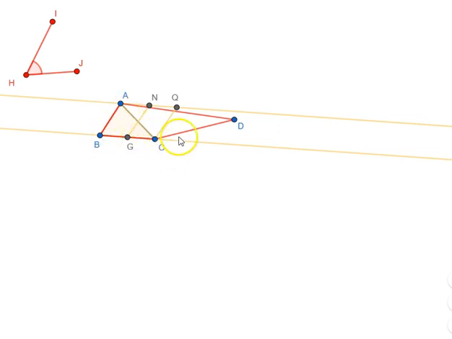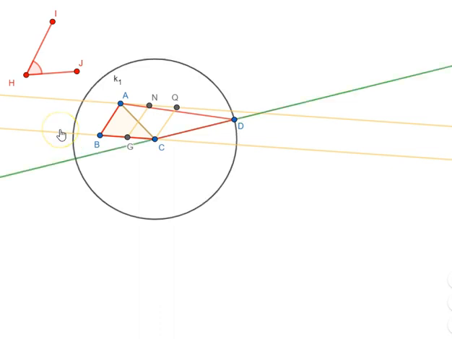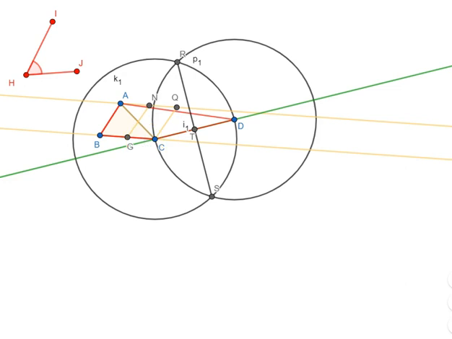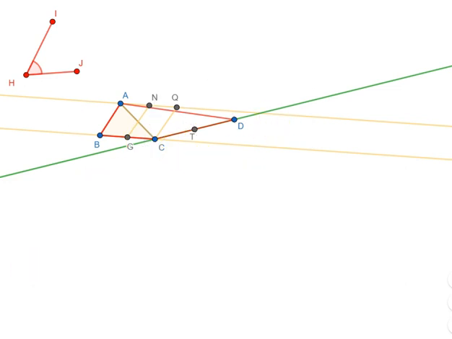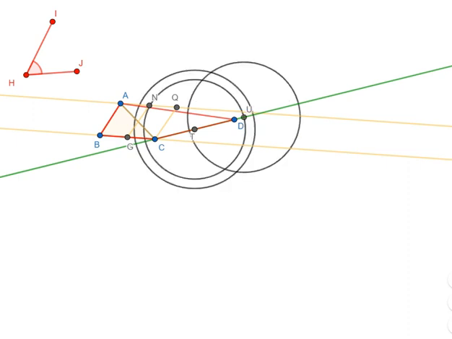Now we repeat this with respect to triangle ACD. Which means we start off with extending CD. The midpoint is required. So we have got the midpoint here. So let's get rid of all the unnecessary parts. T is the midpoint of CD. Now we have to copy this angle here at T. As you notice, this is a pretty repetitive task.